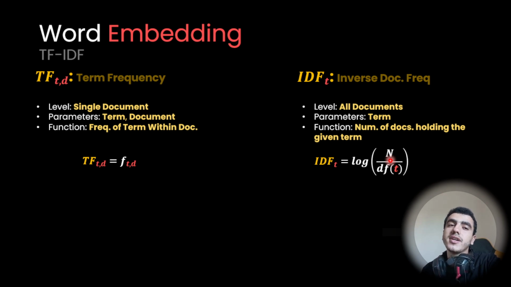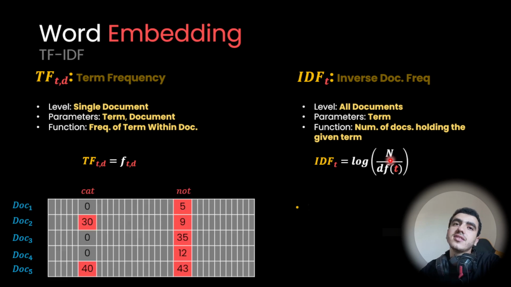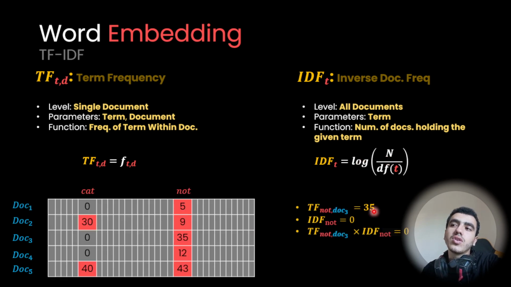That's why the IDF can be interpreted as a gate. The token "not" may exist a very high number of times in this document, say 35 times, so it seems pretty important. But the IDF has a different opinion.